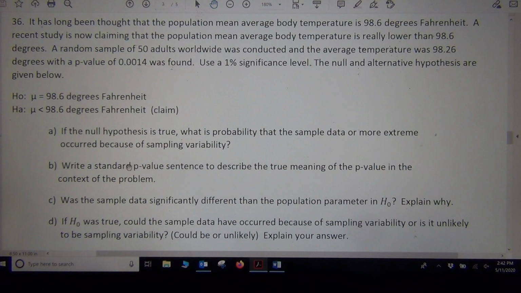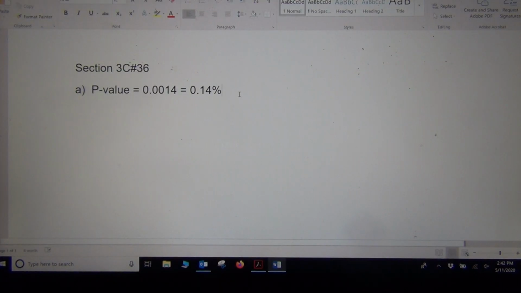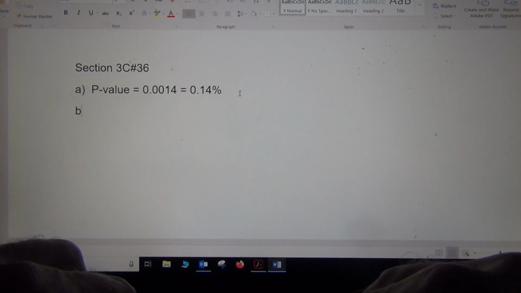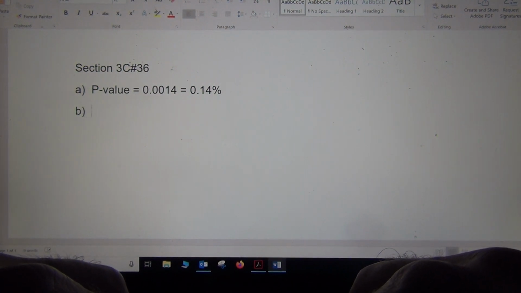All right, question B: write the standard p-value sentence to describe the true meaning of the p-value. When they ask you to describe the p-value, they're really just asking for the definition of the p-value.